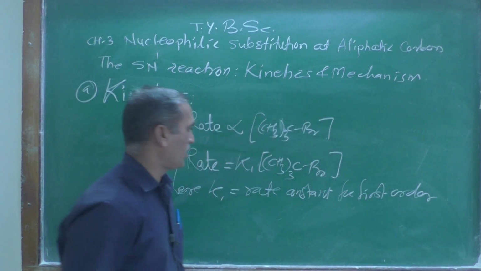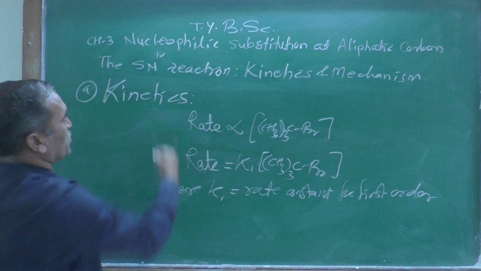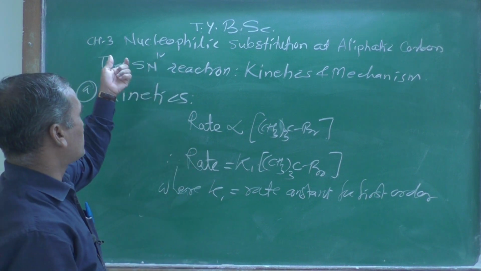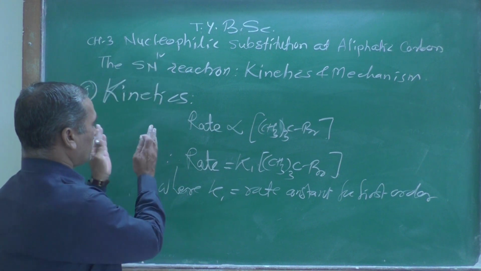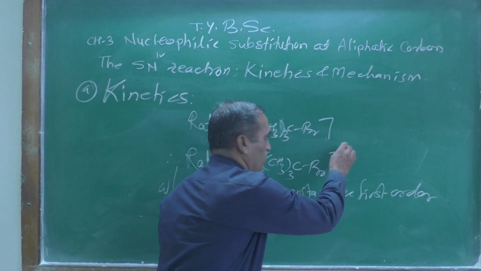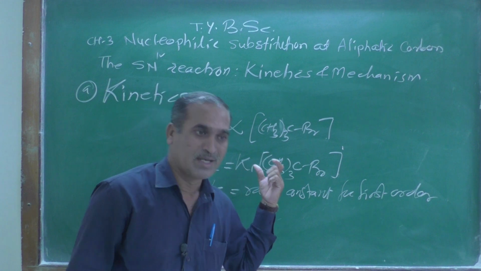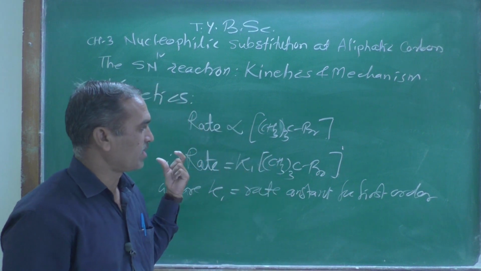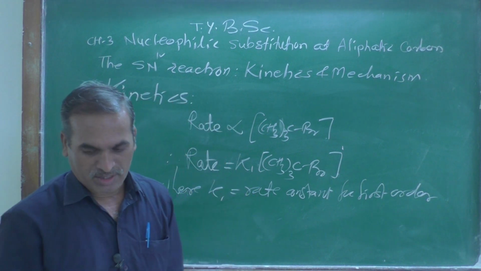That is why it is known as substitution nucleophilic unimolecular reaction, because only one molecule, 1 mole of the substrate, is used, and that is why it is termed a first order reaction.